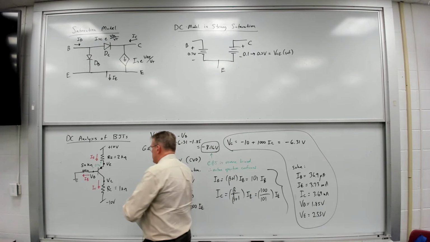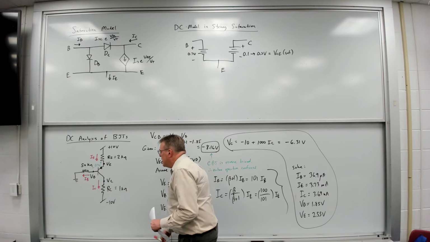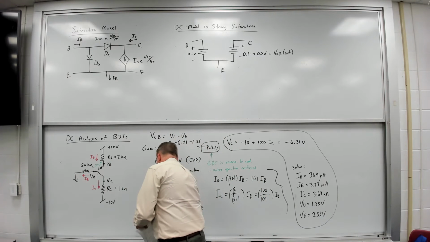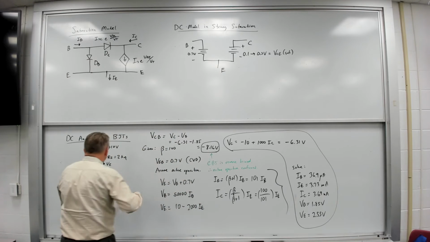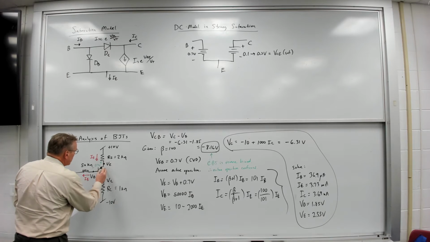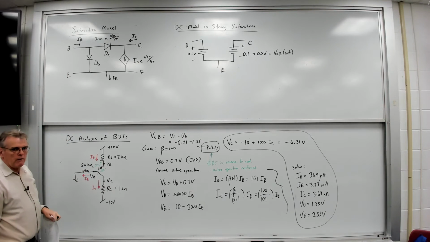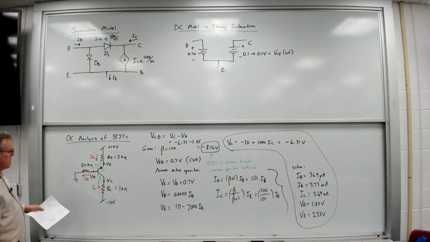And again, I've mentioned this before, but one way of thinking about this is simply to think about the diode itself. This is a PNP transistor, so I'm going to have a PN diode between emitter and base. That's clearly forward biased. I'm also going to have another PN diode between the collector and the base.